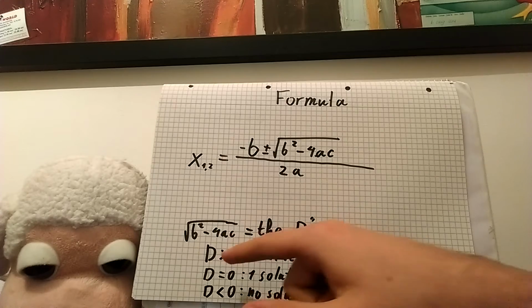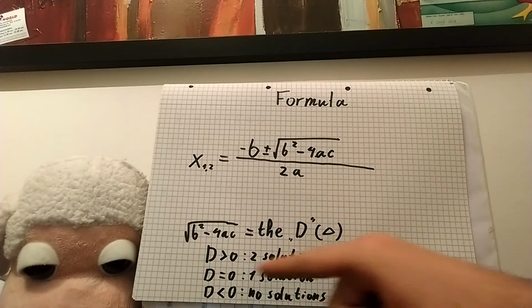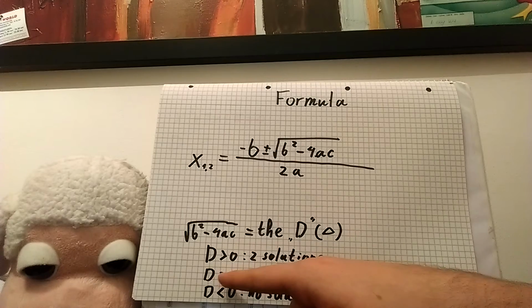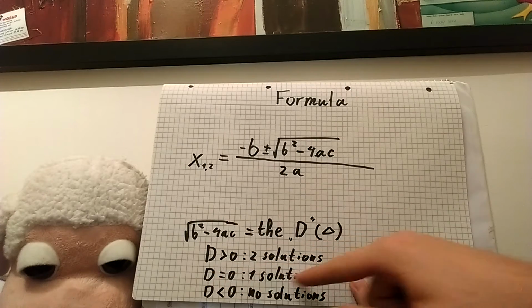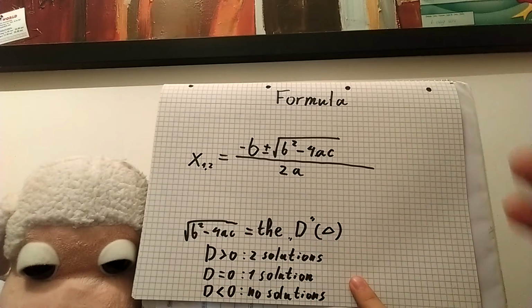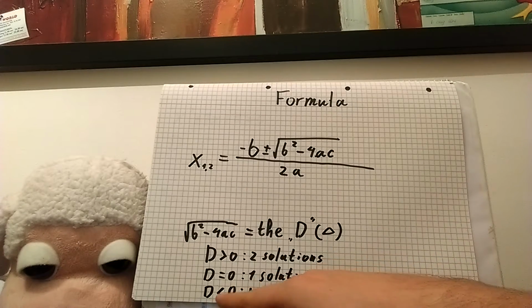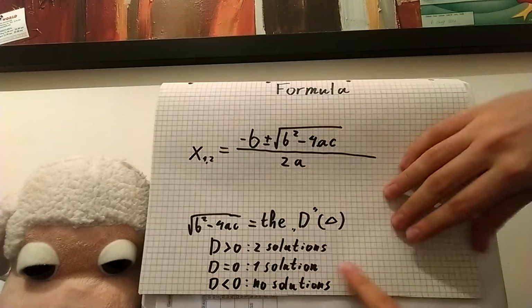If the result is more than 0, there are two solutions that you can find. If the result is equal to 0, there is one solution, or as mathematicians say, there are two solutions but they are identical. And if d is less than 0, there are no solutions.